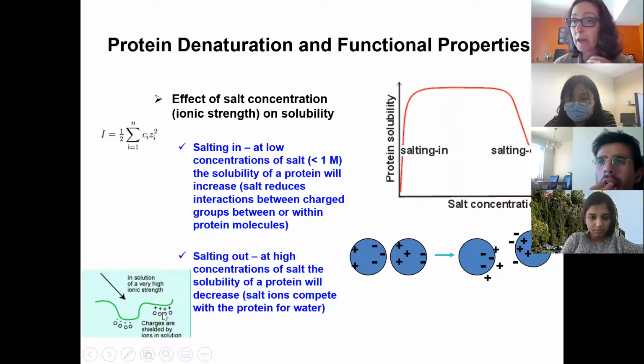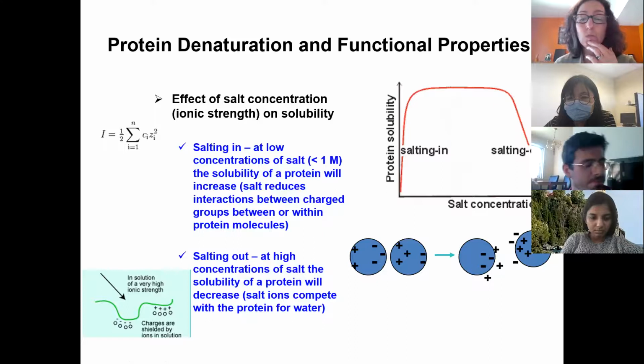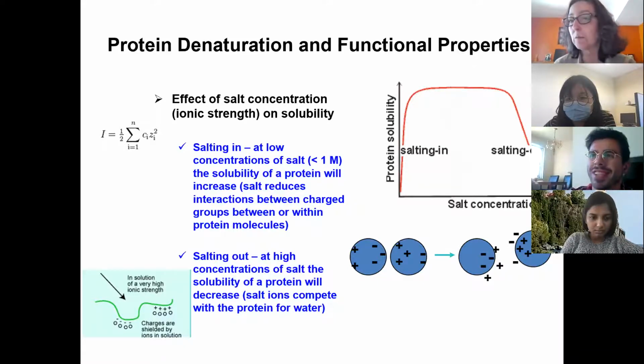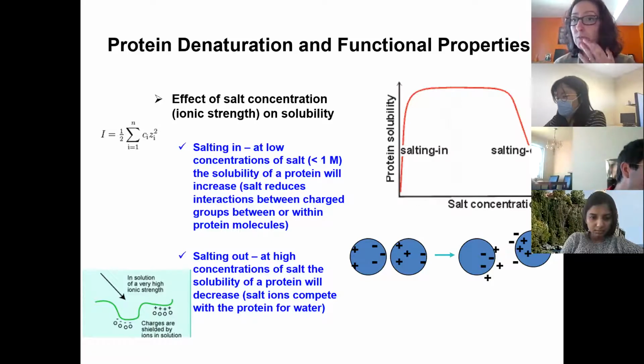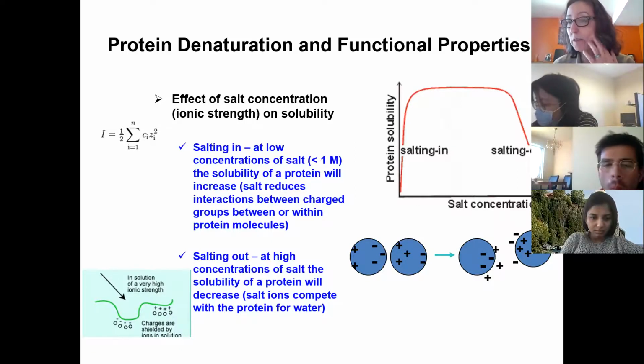Instead, they form ionic interactions with the salt. So the protein can get denatured, and then there will be less interaction with water because the salt is shielding the charge. The salt is competing for interactions with water, and then the protein gets denatured, and you get more hydrophobic protein-protein interactions, and then they will not interact with water and they fall out of solution.